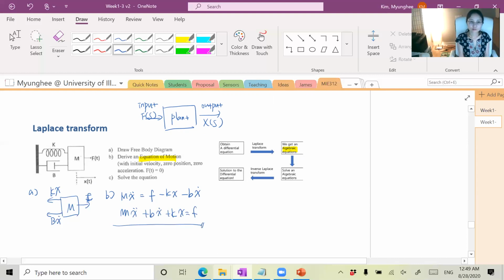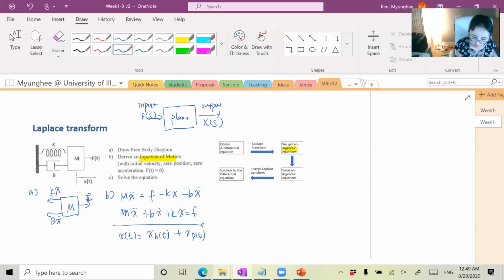You can get the solution of this x(t), of course, using something like the homogeneous solution and then the particular solution approach. But it's much easier if you are using the Laplace transform.